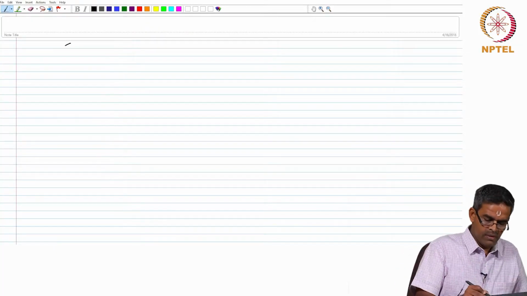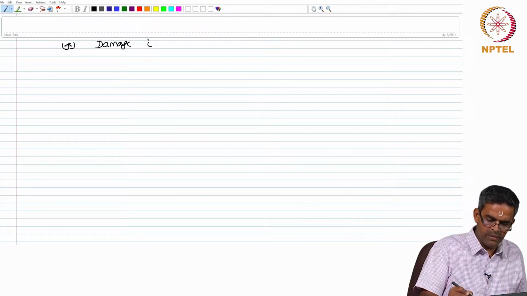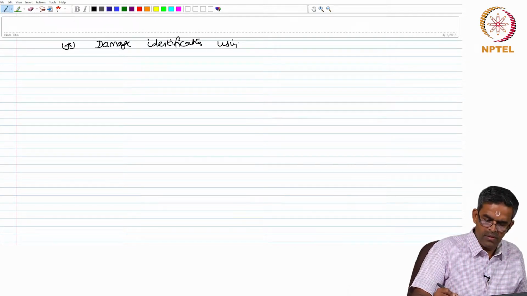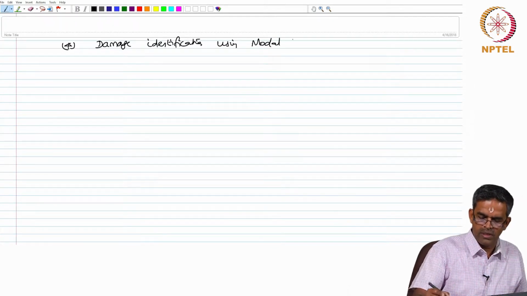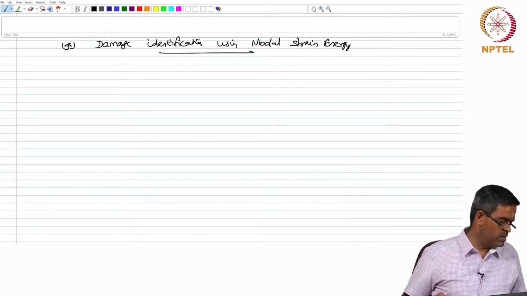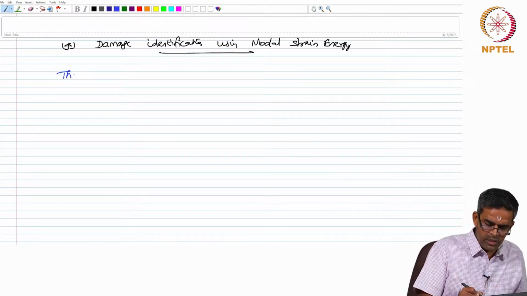Further, damage identification can also be done using modal strain energy. This is actually a two-stage process.